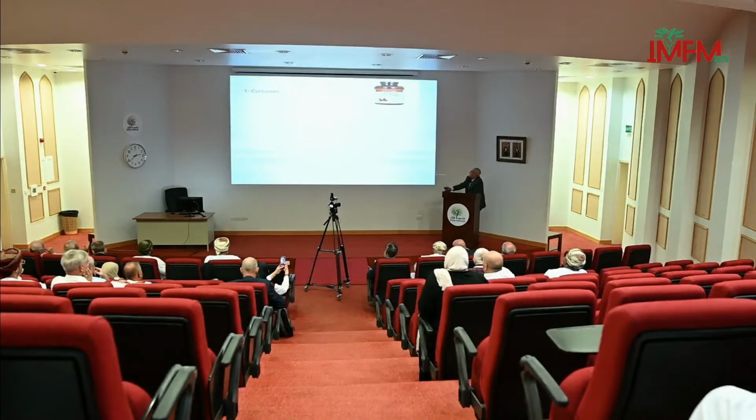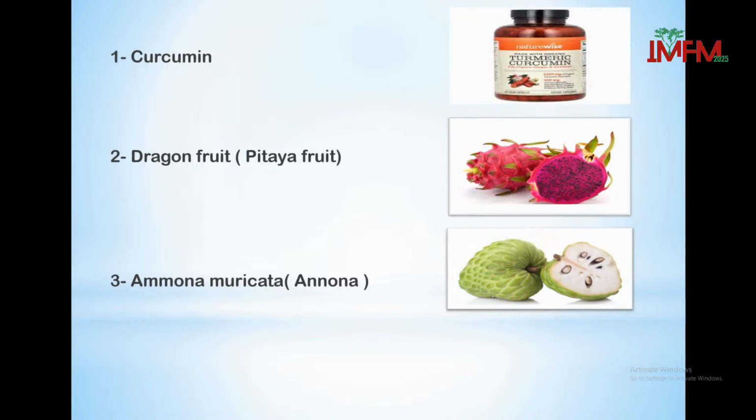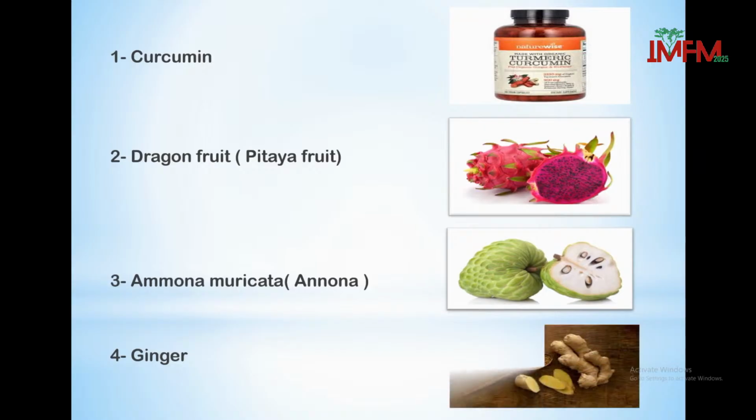Coumarin is well known nowadays as an antioxidant, found in the market as an antioxidant and anti-inflammatory, and dragon fruit, a particular fruit, annona. And finally, the well-known and commercial one will be ginger.